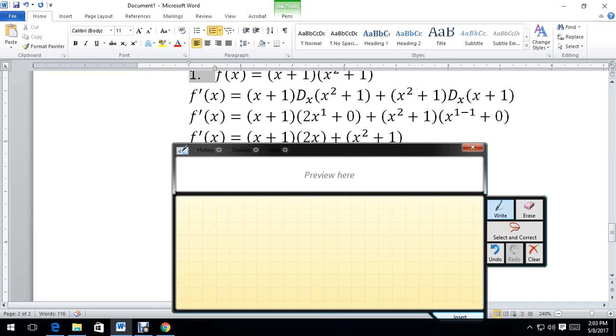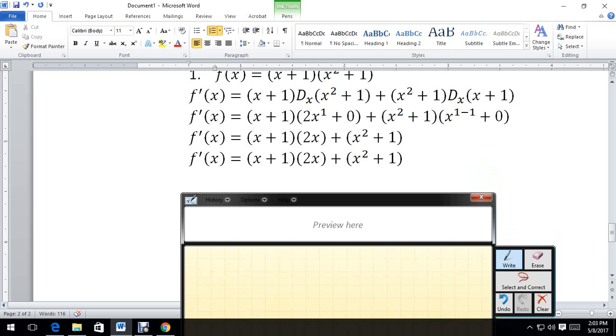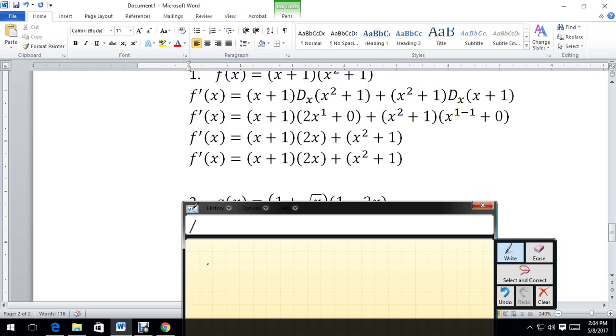Okay, so let me just repeat that part. So we have 2x squared. 2x times x is 2x squared, plus 2x times 1 is 2x.